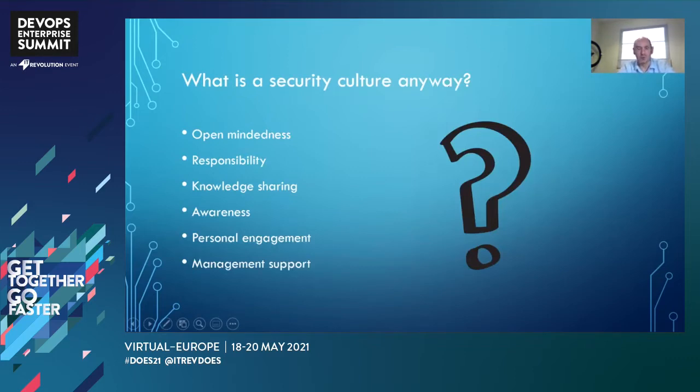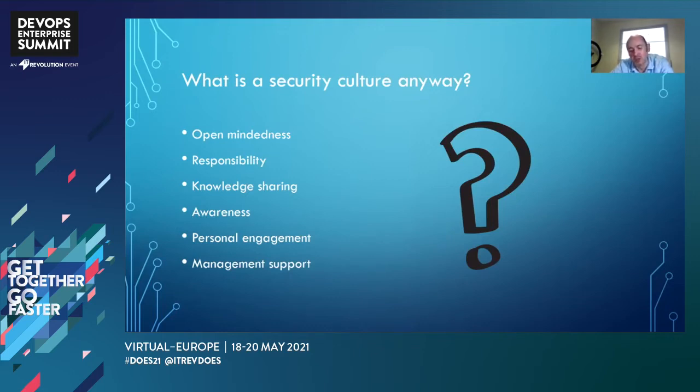So what is a security culture anyway? Well, it's having an open mind about security in your project. You really need to take consideration of security. Have a responsibility for your code as well. You want to be sharing knowledge across your teams. Don't keep everything to one area, and have an awareness for security.